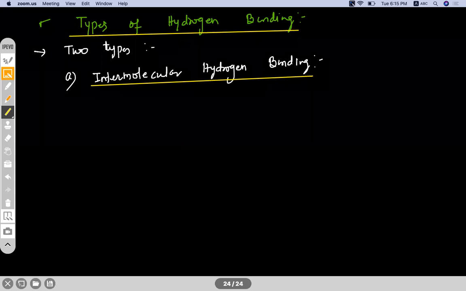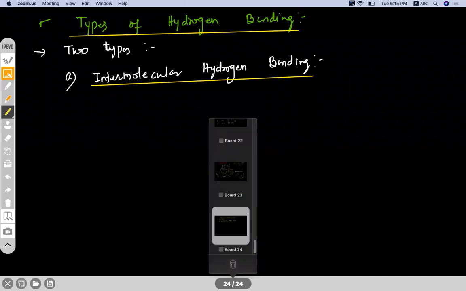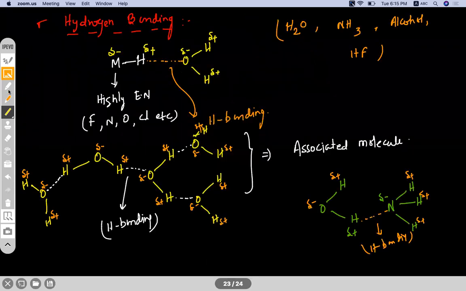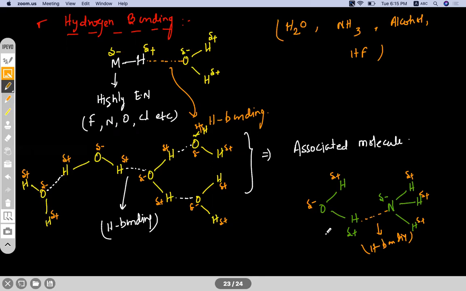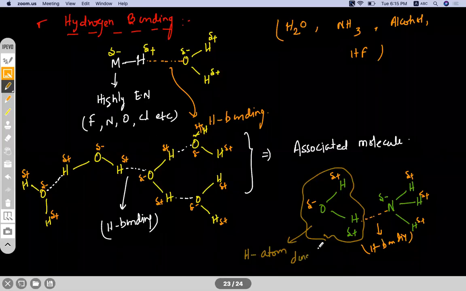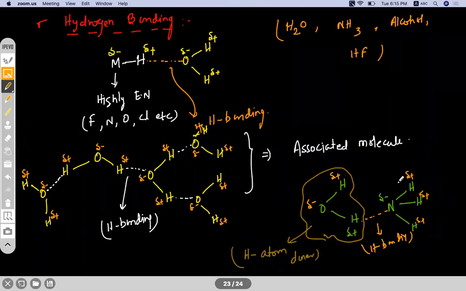See, the hydrogen atom donor is the molecule whose hydrogen is involved in hydrogen bonding. In this particular example, this molecule is the H atom donor, because its hydrogen is involved in hydrogen bonding, and this molecule is the H atom acceptor.